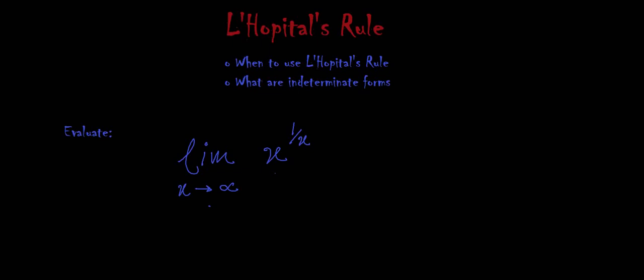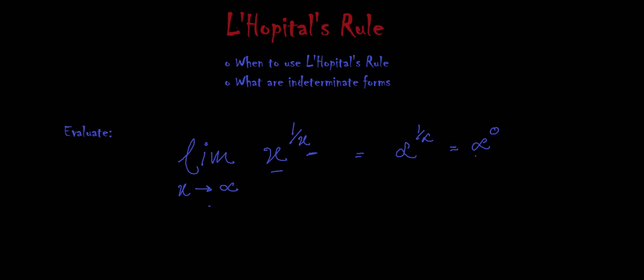Here our first approach will be to substitute x with infinity and check the result. If we put x equals infinity, we get infinity to the power of 1 by infinity, and we know that 1 by infinity is 0. So here we get infinity to the power of 0.